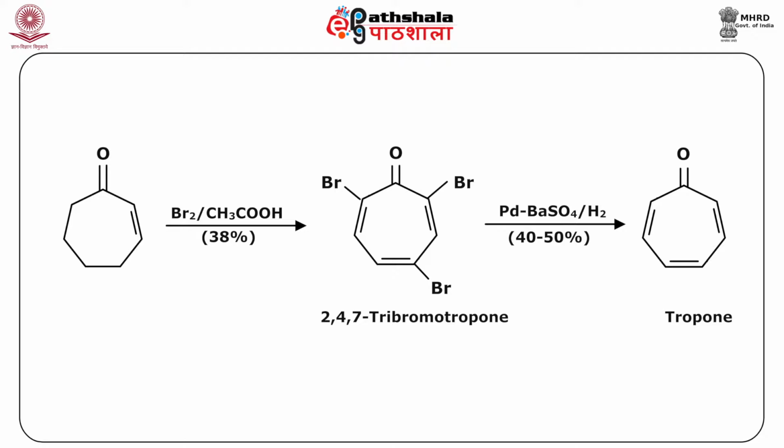This yields 2,4,7-tribromotropone. The tribromotropone further is converted to tropone by hydrogenolysis in the presence of a poisoned catalyst, that is palladium and barium sulfate. Here palladium is poisoned with barium sulfate, and this is used as a poisoned catalyst for hydrogenation.